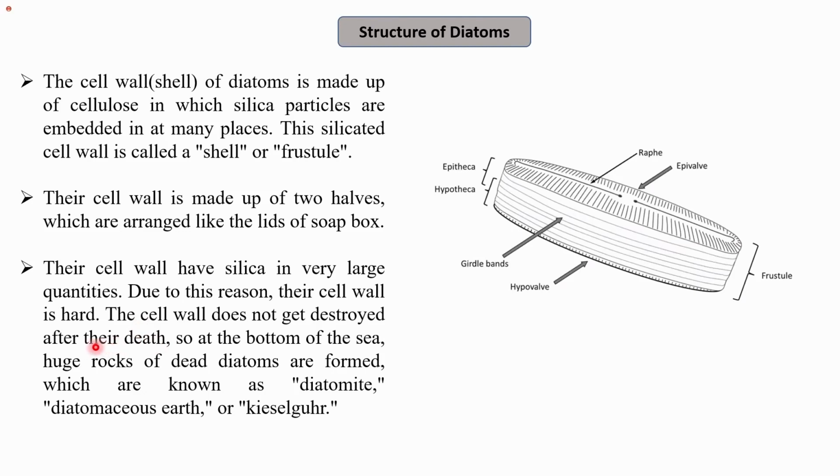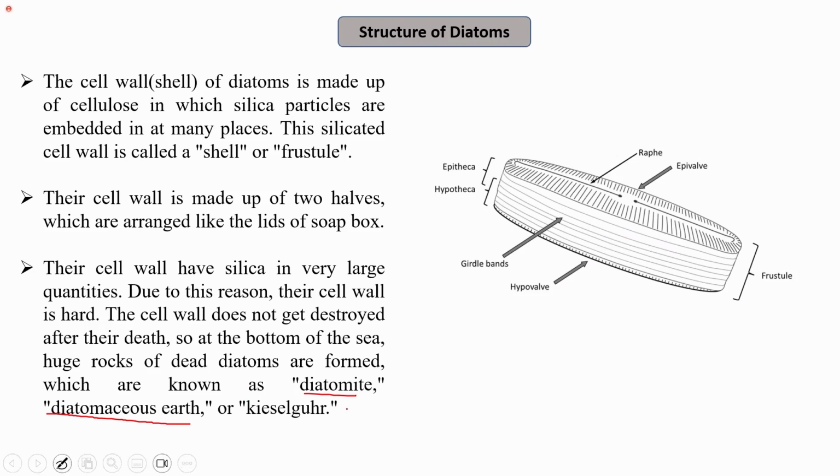And such huge rocks are formed due to the accumulation of these silica cell walls at the bottom of the sea, which are known as diatomaceous earth, right? So a name has been given to this, which is diatomite, the huge rocks which are formed not due to suspension, but due to the deposition of the silica cell walls of the diatoms at the bottom of the sea.